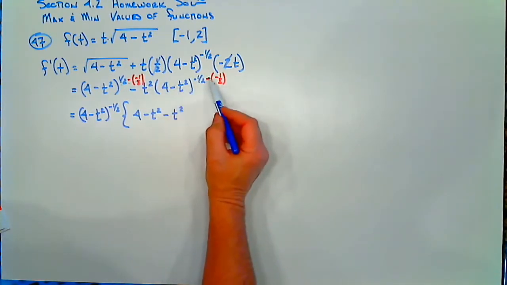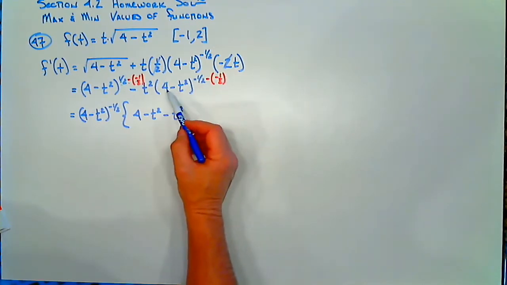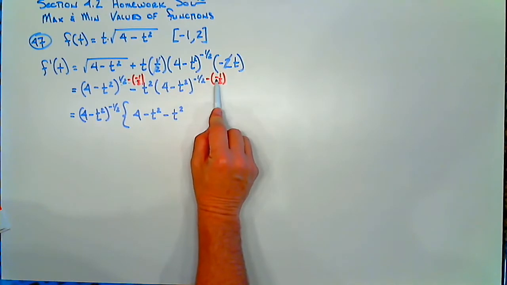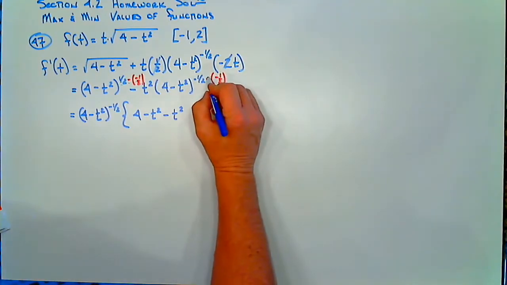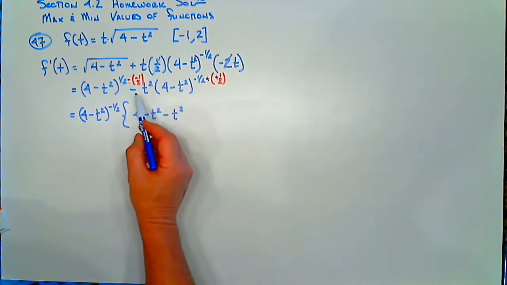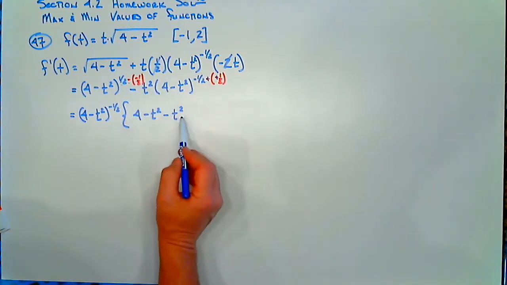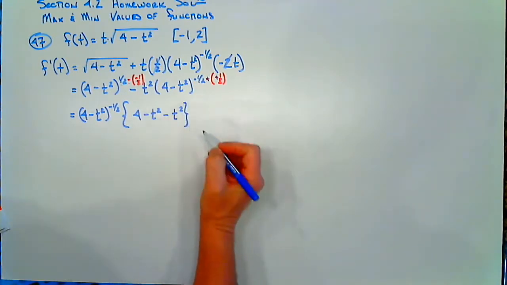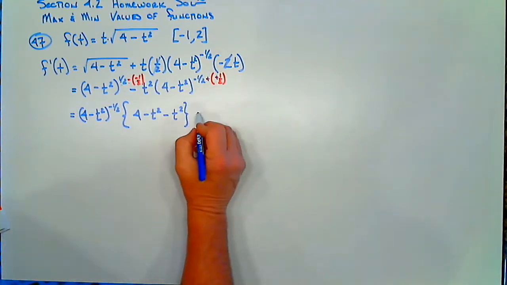And over here, what is our new exponent going to be on our 4 minus t squared? Well, we have minus 1/2 minus minus 1/2. Of course, those turn this into a plus. And we get 0. So the only factor that ends up down here is our minus t squared. So this is what we get as our derivative.